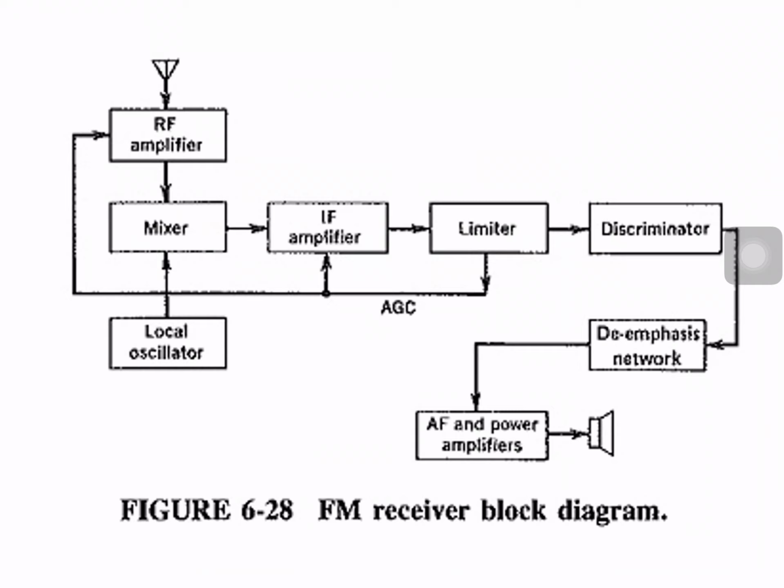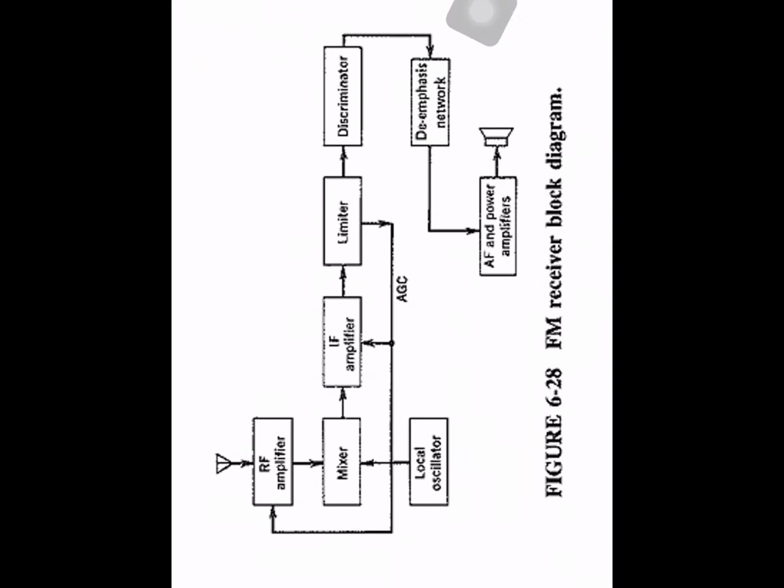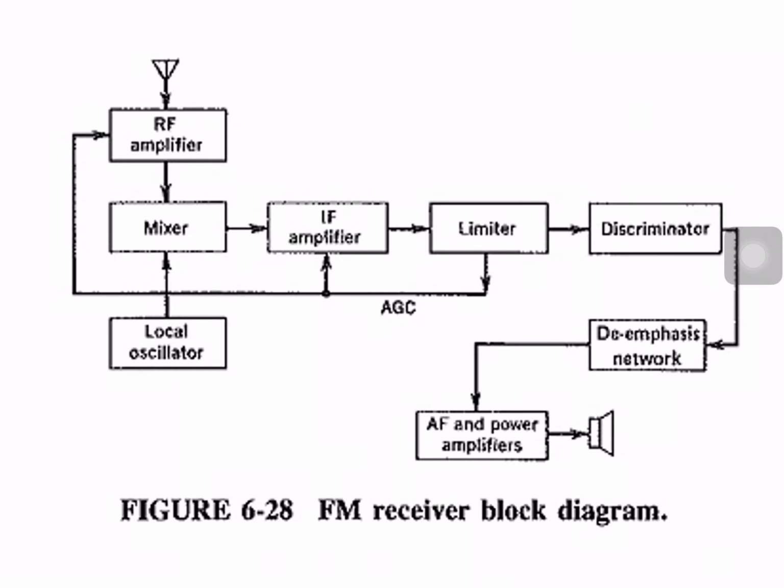Then the signal is processed at the RF amplifier, and then it is given to a mixer. At the mixer, a signal from the local oscillator is mixed, and the output of the mixer is given to the IF amplifier. Now this IF amplifier gives the output to the limiter, and the limiter gives output to the discriminator.